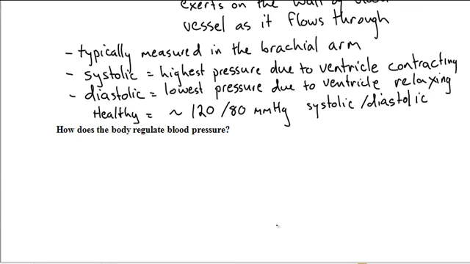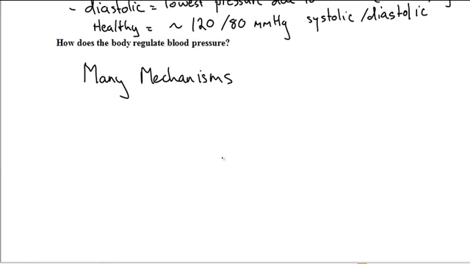Now, there are many mechanisms that your body uses to regulate blood pressure, some on quite a fine scale, but there's two main approaches. One is the quick and dirty approach if they need to suddenly change your blood pressure, and one's a little more of a long-term blood pressure adjustment.